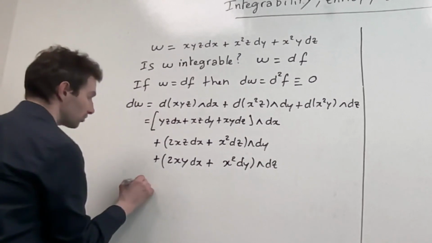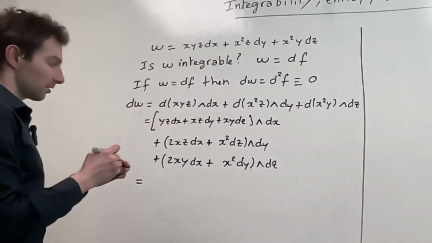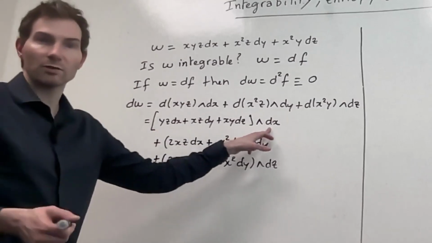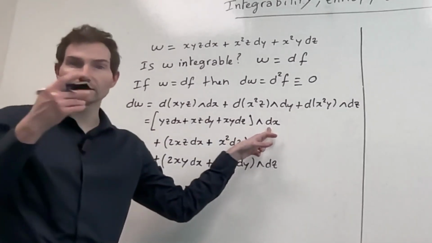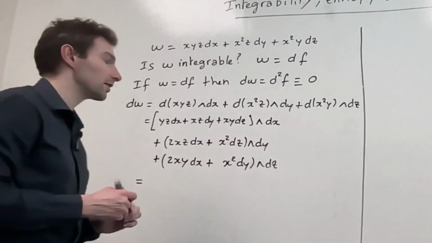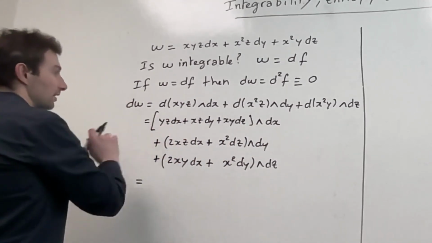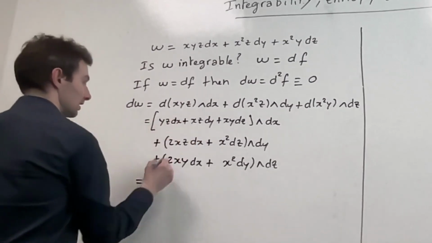Now what I need to remember is that dx wedge dx is 0. Likewise, dy wedge dy is 0, and dz wedge dz is 0. So all of these cancel out.